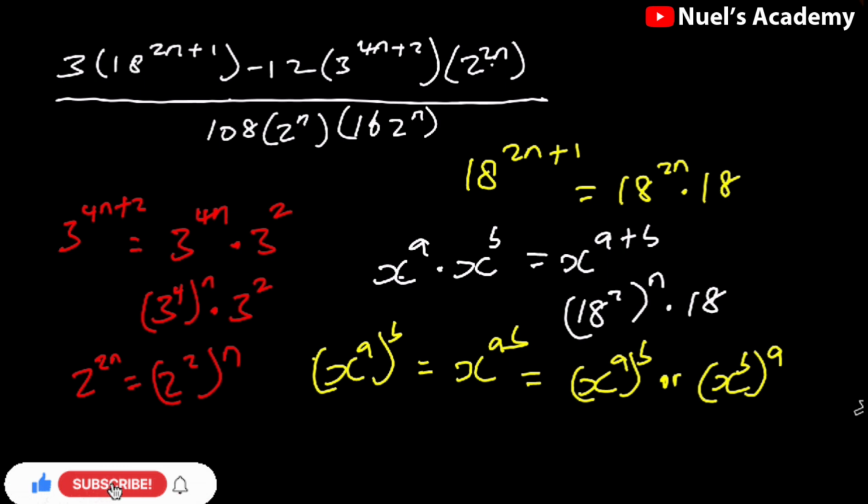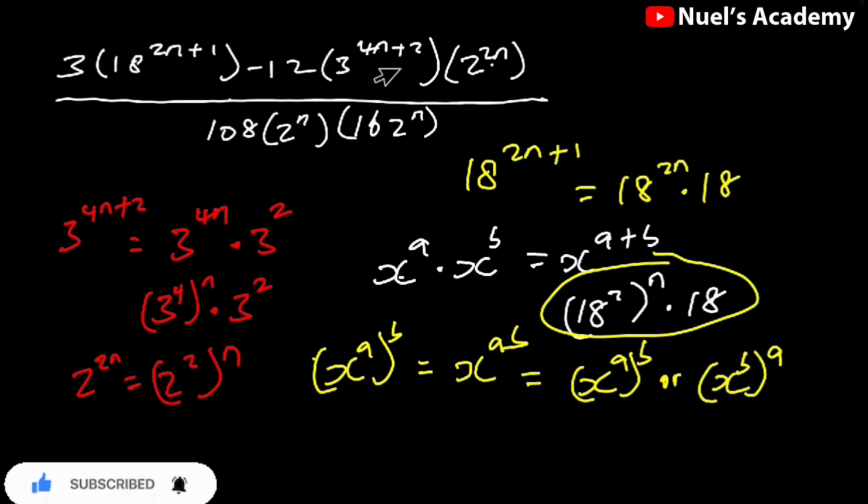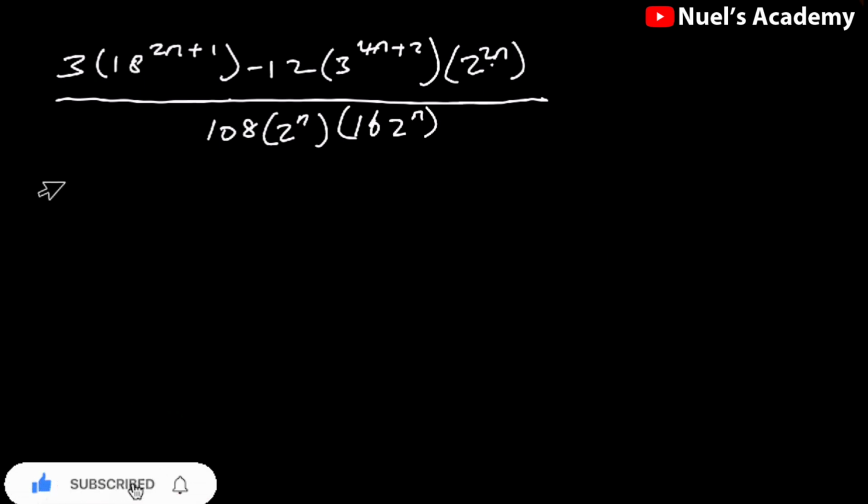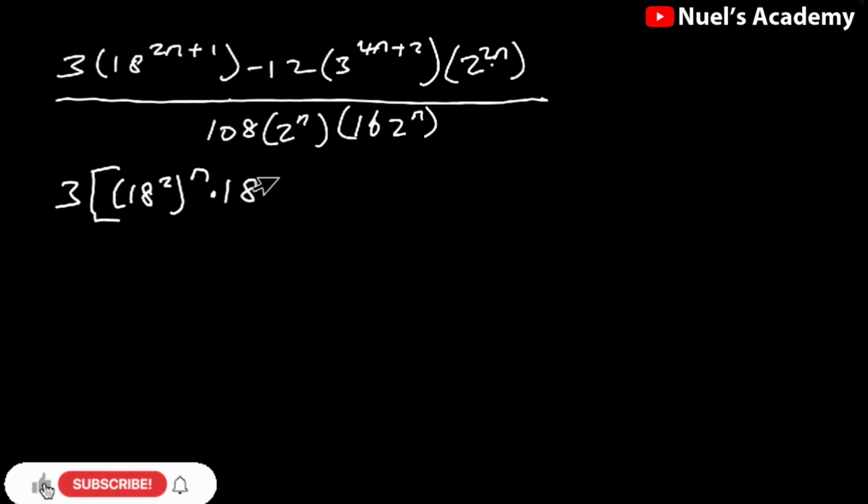So we are going to replace this 18 raised to the power 2n plus 1 with this. Then replace 3 raised to the power 4n plus 2 with this. And then replace 2 raised to the power 2n with this. So this is 3. We are going to replace 18 raised to the power 2n plus 1 with 18 squared raised to the power n multiplied by 18.